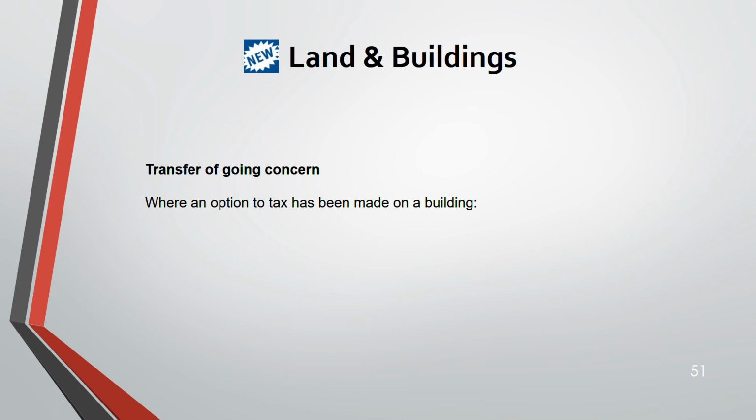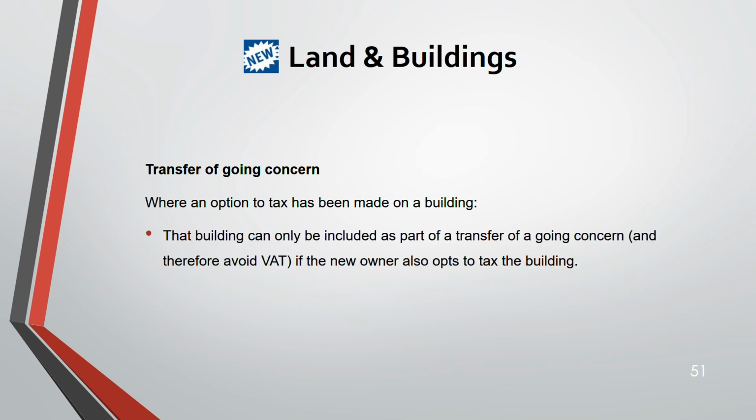Now when you're transferring the building as a going concern and you are making an option to tax, the building can only be included as a part of a transfer of a going concern if the new owner also opts to tax the building. See, you are saying you are transferring this business as a part of a going concern. This can only be made if the new owner also elects to tax the building.